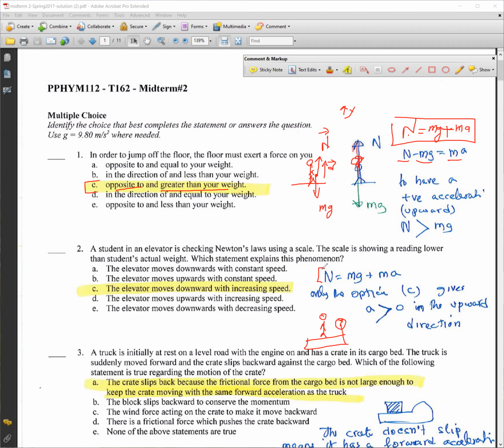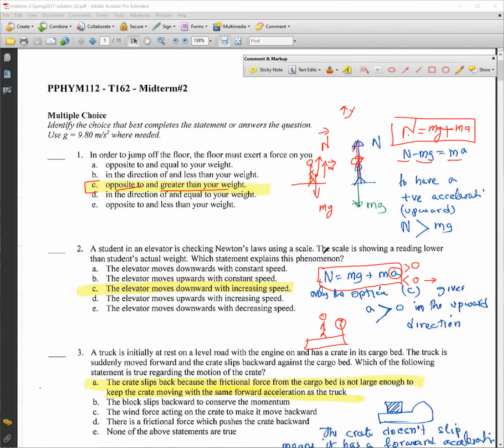And you remember this formula for the apparent weight, given by the normal. Now, if acceleration is positive, you remember the normal will give you an apparent weight that is greater than mg. If acceleration is negative, the apparent weight will give you a value that is less than mg, okay?